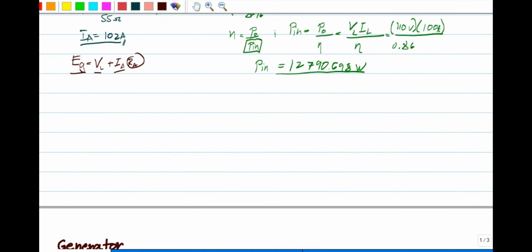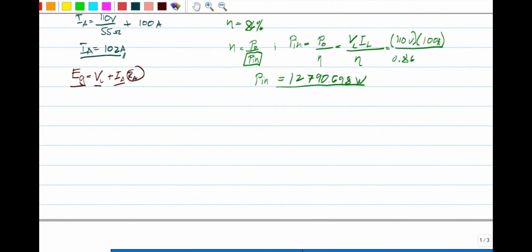Step 2. Power developed, or PA, is equal to P in minus the stray losses.